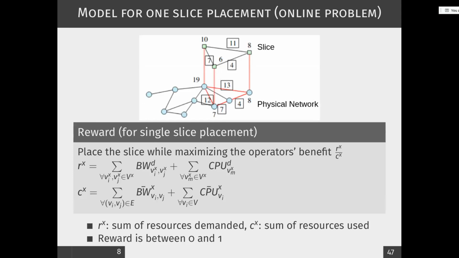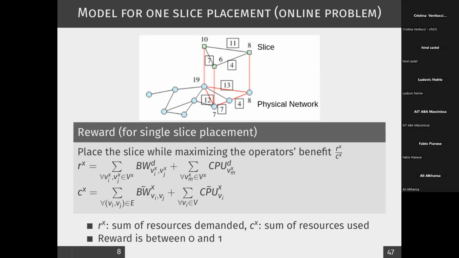The objective in this problem for us would be to maximize our reward, which is defined as the operator's benefit. It's the revenue of the operator divided by the cost of operating the sites. We consider that the revenue is equal to the sum of the bandwidth and the CPU demanded by the user. So the more resources you ask for, the more you have to pay.